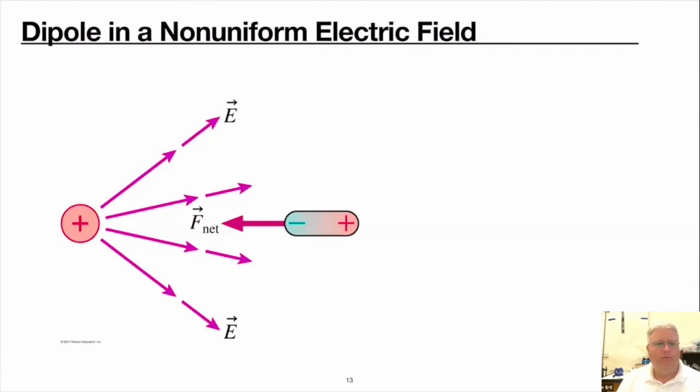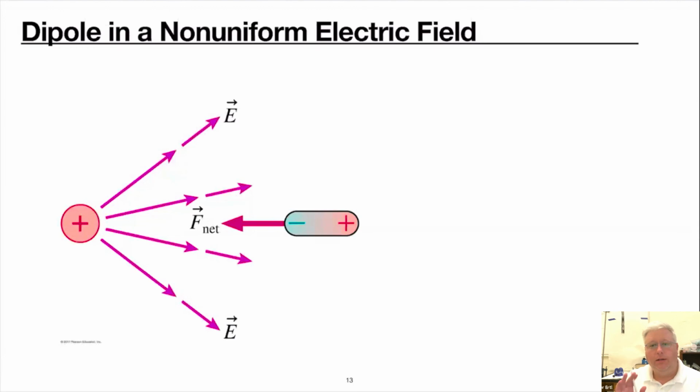In this example of a positive point charge, the dipole is going to rotate until it lines up with the electric field, with the positive side away because it wants to repel, and the negative side facing the positive point charge because it wants to attract toward it.